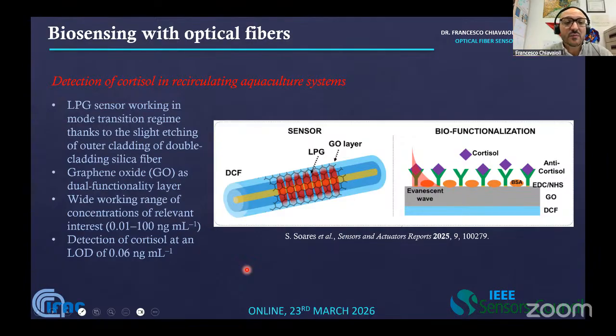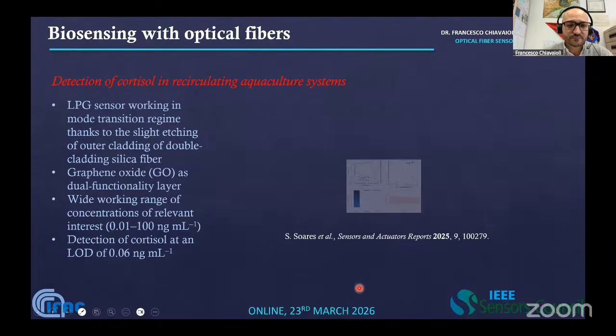In this case, we monitored the cortisol level, which is fundamental in recirculating aquaculture systems. And we got a detection limit which is below what is required in these systems.